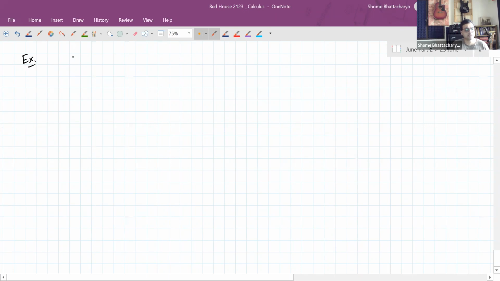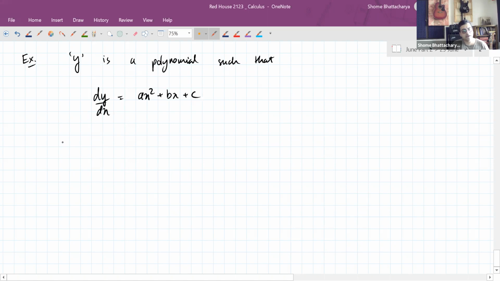There was a question like this, that y is a polynomial function such that there was some information given about the derivative of y. First of all, dy by dx was ax square plus bx plus c, and y was equal to 0 for x equal to 0.